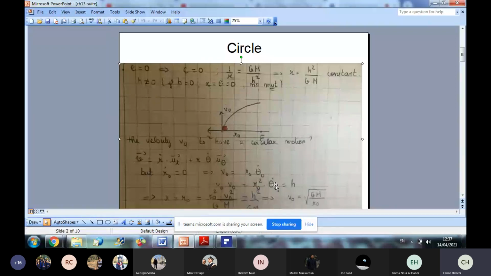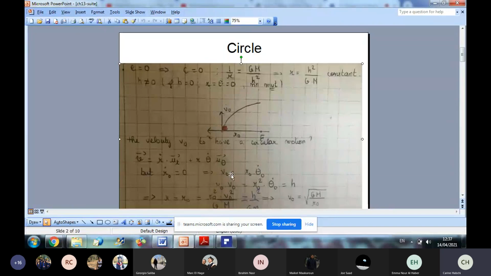And r squared theta dot can be written as r0 times r0 times theta dot, and we know that v0 is r0 theta dot, so we can replace r0 theta dot by v0, and then we can demonstrate that r0 times v0 can be replaced by r squared theta dot, which is equal to h.